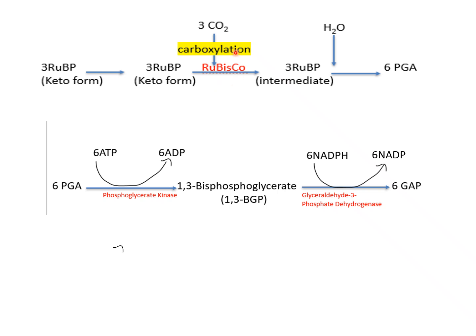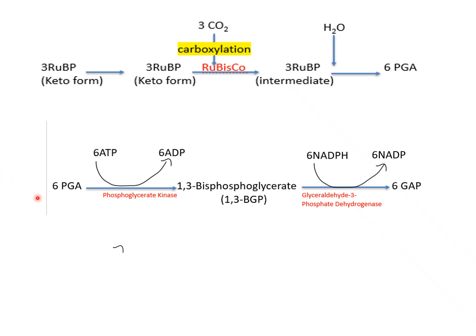As soon as 3 molecules of carbon dioxide are fixed, it forms an unstable intermediate which immediately hydrolyzes into a stable 3-carbon compound called 3-phosphoglyceric acid or 3-PGA. How many? 6 PGAs. Now, here the first carboxylation stage is complete. We have converted RuBP into 3-phosphoglycerate or PGA.